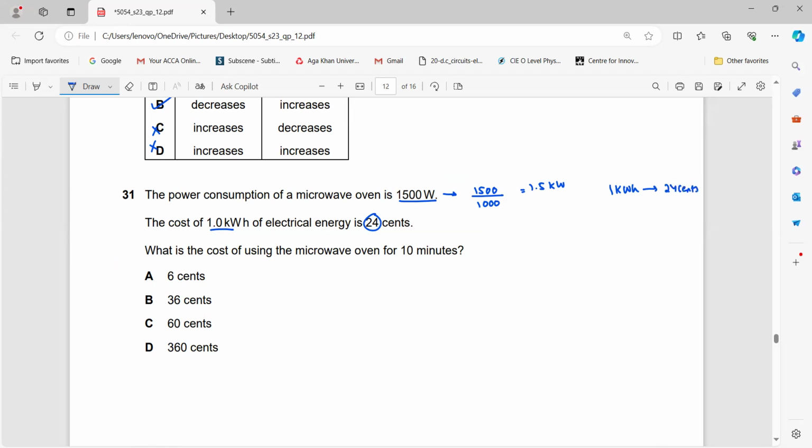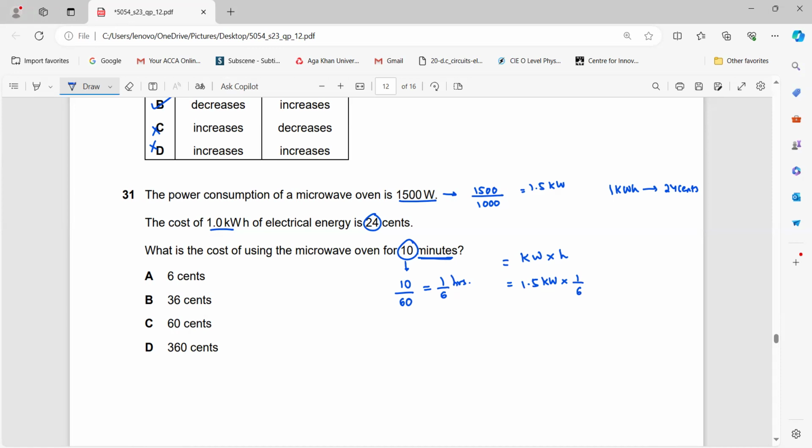Now it says, what is the cost of using the microwave for 10 minutes? And this is minutes, and this is kilowatt hours. So I'll have to convert 10 minutes into hours. How do you convert this? You divide it by 60. That's 1 over 6 hours, right? Kilowatt hours, that's kilowatts times the hour. So you have 1.5 kilowatts of the oven times the number of hours taken, 1 over 6.